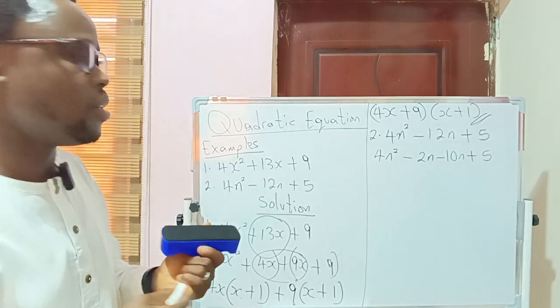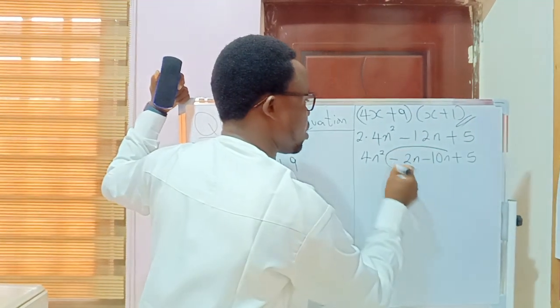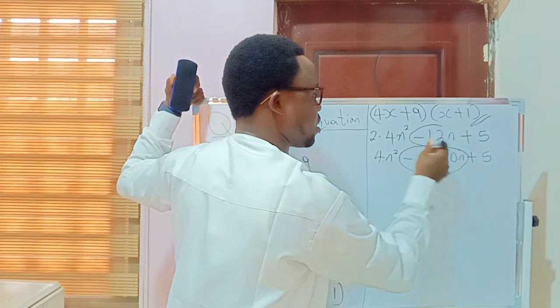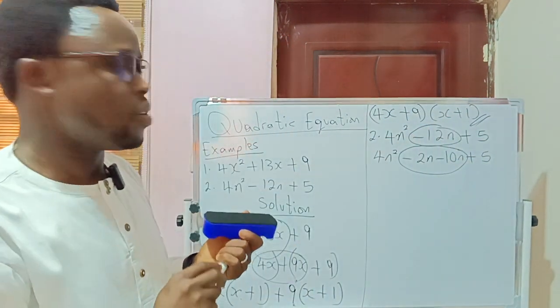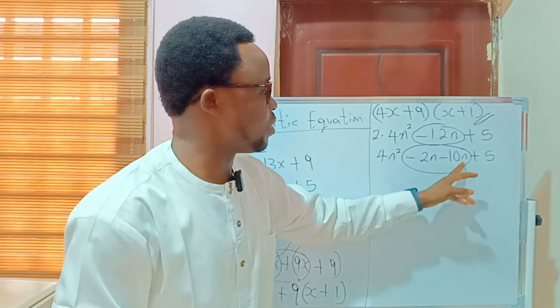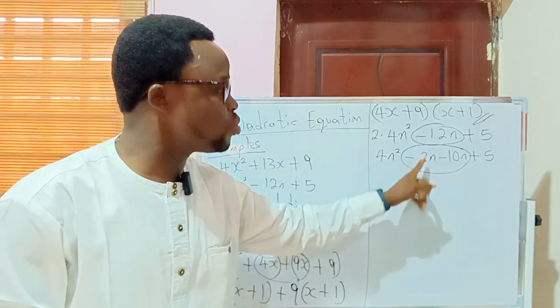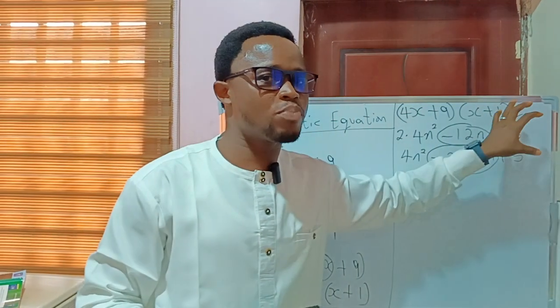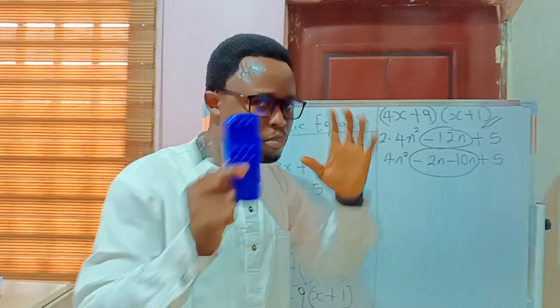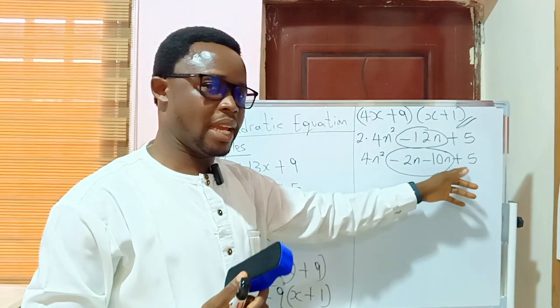Look at it, because this will represent this. Minus 2n minus 10n will give us minus 12n, and minus 2 times minus 10 will give us plus 20. Remember what I said, put the plus 20 in your mind.